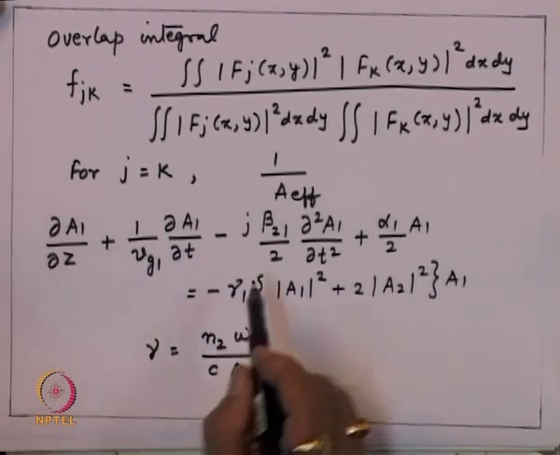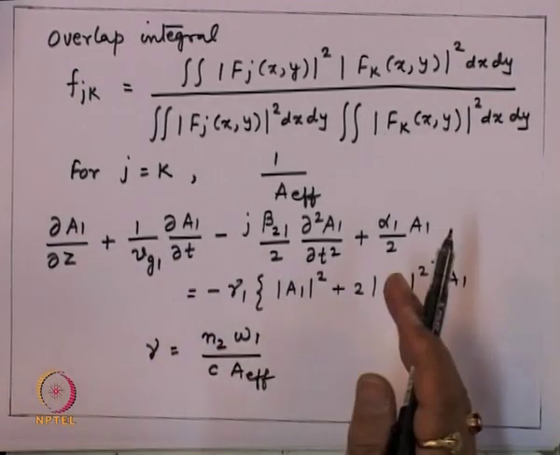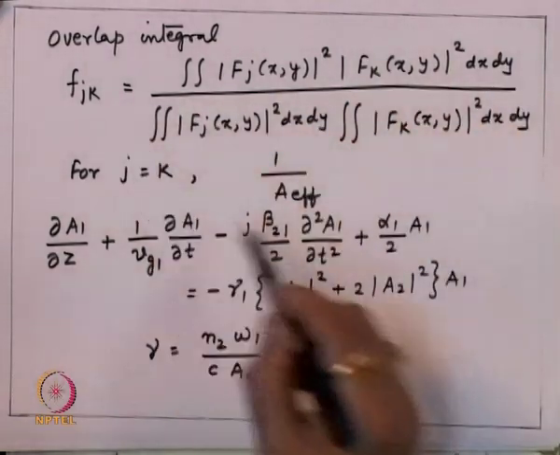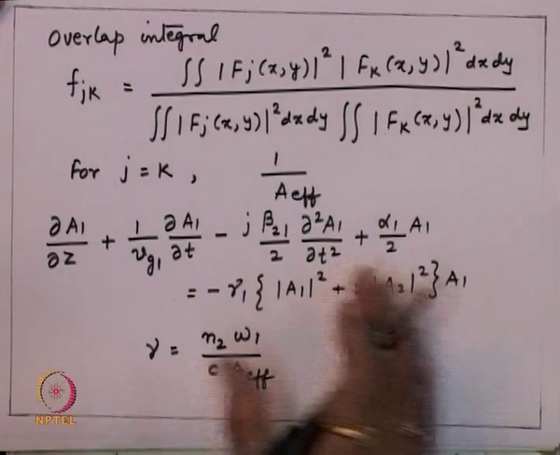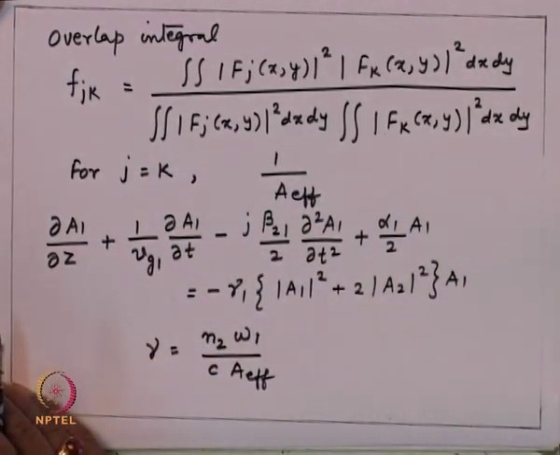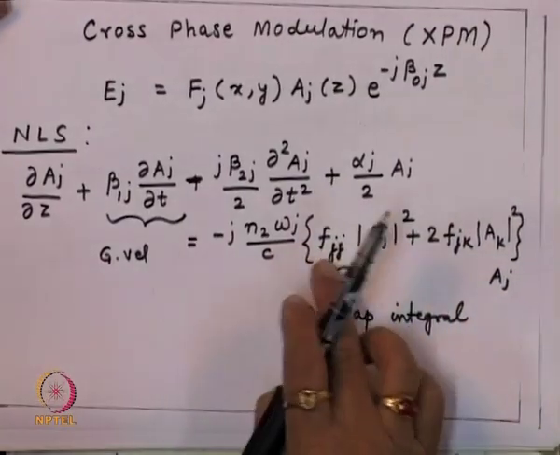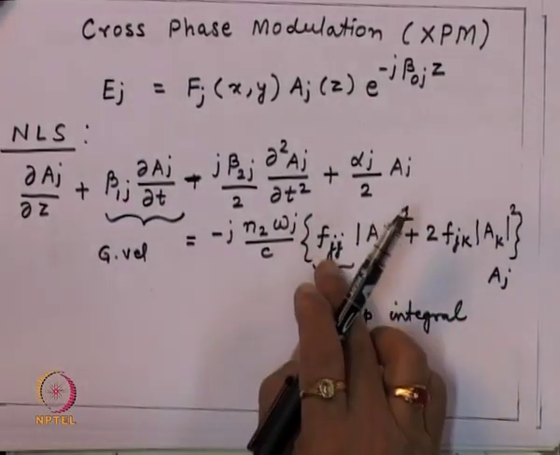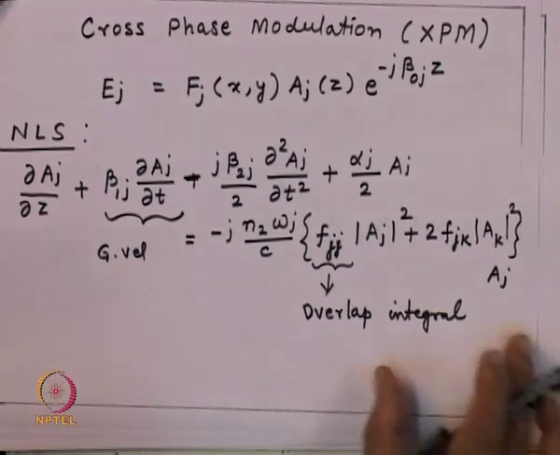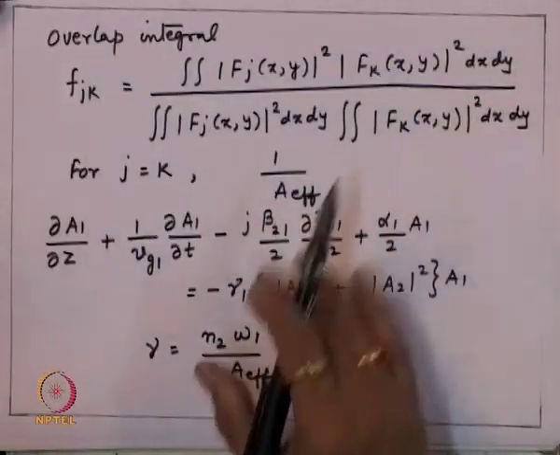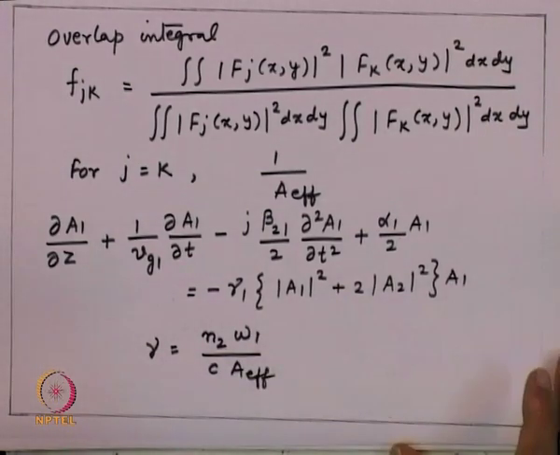If the two frequencies which I am considering are very close to each other, then this quantity will be 1 upon A effective practically for both. So, the parameter which we defined here, F_jj, which is F11 or F12, these two are equal, and that is almost equal to 1 upon the A effective which we defined for the fiber.